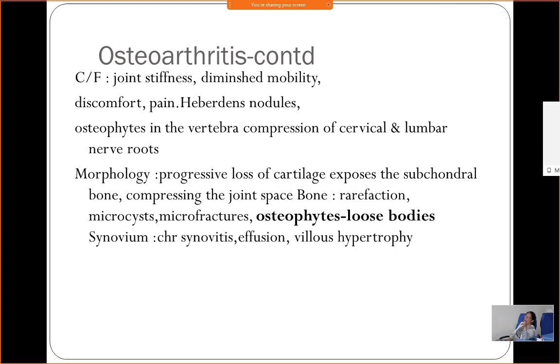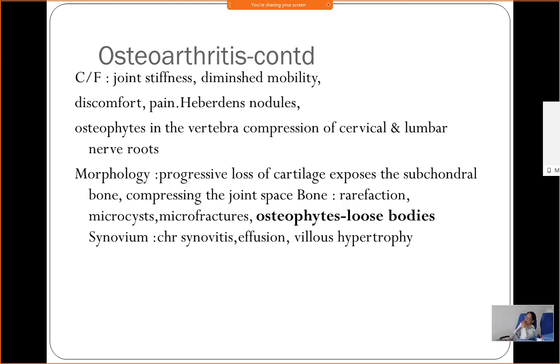There's loss of bone in this particular area, causing microcysts and microfractures, and these small broken pieces become osteophytes or loose bodies. And now these loose bodies, as the word itself says, are loose in the joint space. So you sometimes get a click-like sound as the person gets up in the morning.